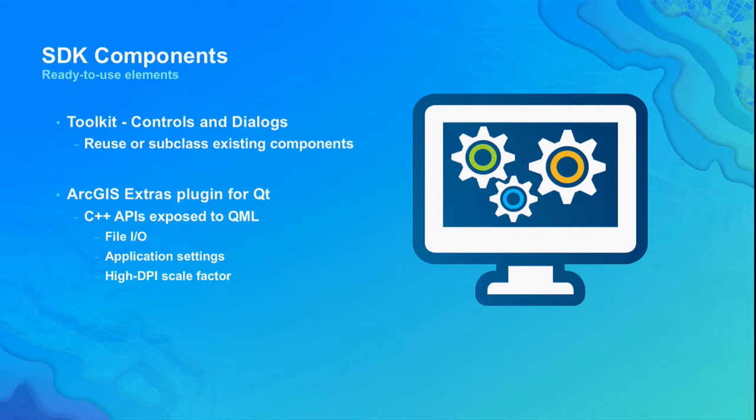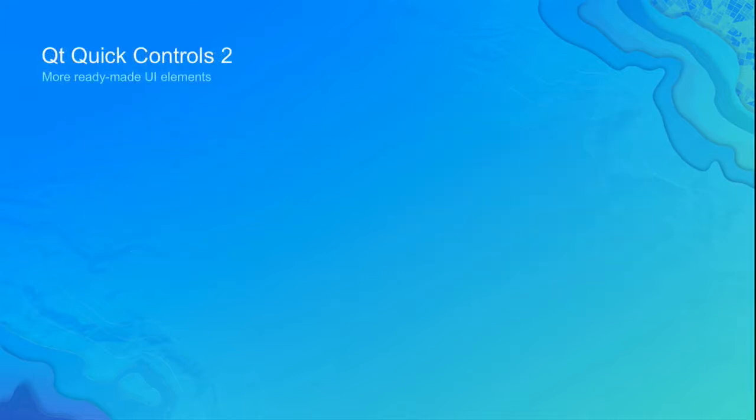There are some C++ APIs in the Qt framework that are not exposed to QML, and we try to do a good job of wrapping up those real high demand APIs that you need, like file I/O, application settings, being able to scale your UI with a scale factor. The App Studio app framework has many more of these widgets or QML components that are bundled up from C++ code.